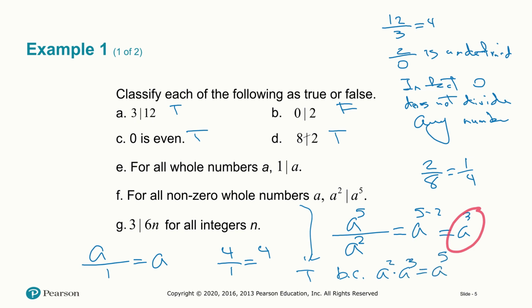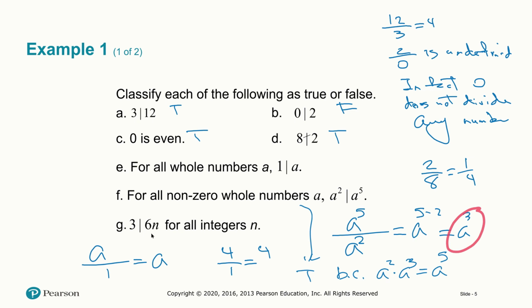And remember, whenever you can find a whole number so that you can multiply it by the first whole number and get the dividend, then you say that yes, the original number does in fact divide the dividend we were looking at.